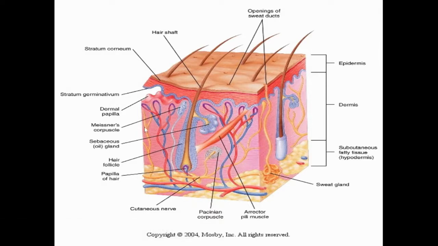This would be like a free nerve ending, how it comes up and branches off. But the free nerve endings are for nerve pain sensation, stuff like that. But these are going to detect different types of sensations. So Meissner's corpuscle and then the Pacinian corpuscle down here.